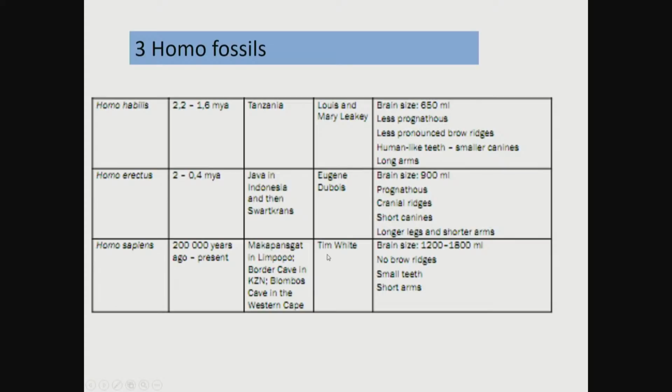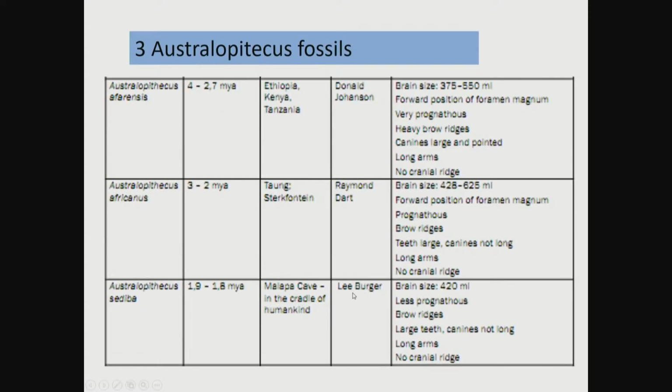So make sure you know that it is Tim White who discovered Homo sapiens, and also Lee Berger who discovered Australopithecus sediba, Karabo, which is more recent. Those are the most important. And the Taung child was discovered by Raymond Dart. That is the famous one that they always answer, but that is actually the Australopithecus and the people who discovered them that you have to identify on that one.